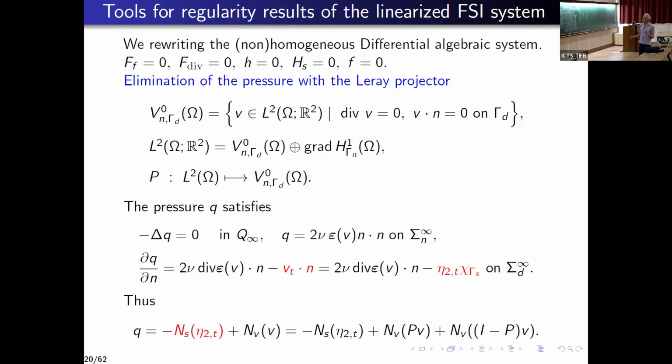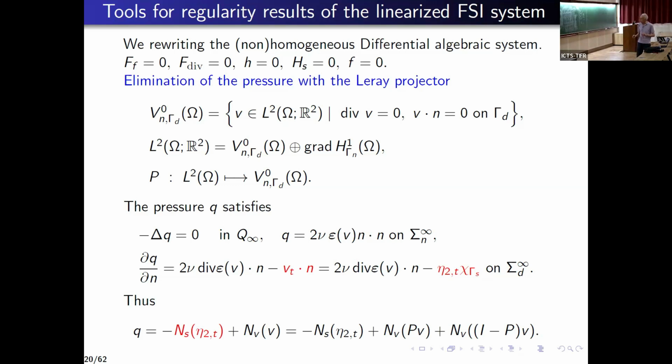And there is a Neumann problem associated to eta 2, because V at the boundary is equal to eta 2. So Vt is equal to eta 2t. But now I know that V has to be split into two parts, PV and I minus PV.